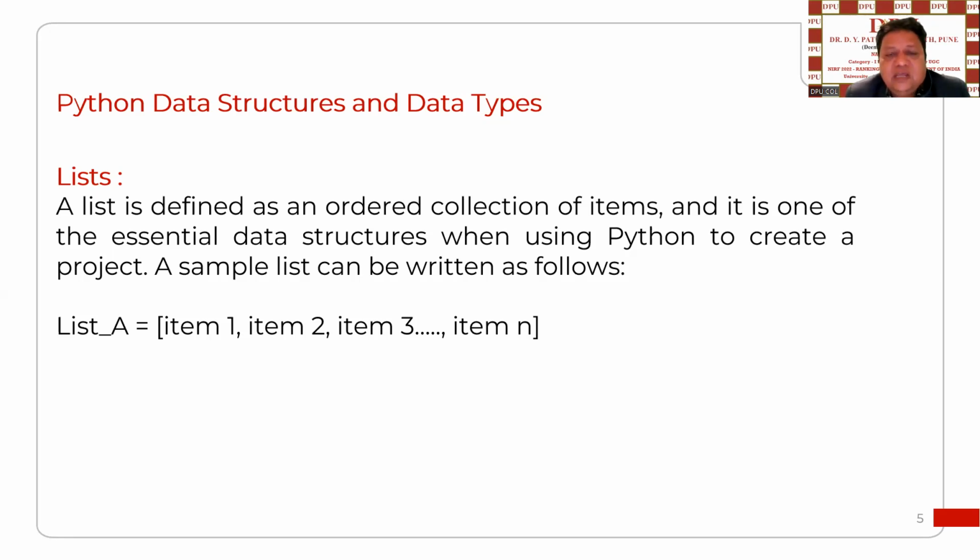That is the main difference between the primary built-in data types like integer, float, string, and boolean, and the four non-primary built-in data types: list, set, tuple, and dictionary.